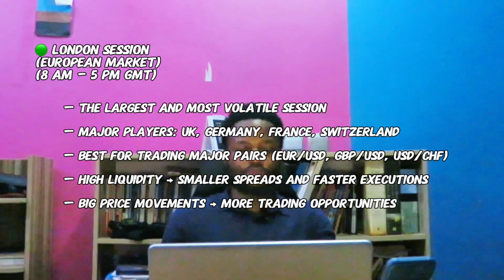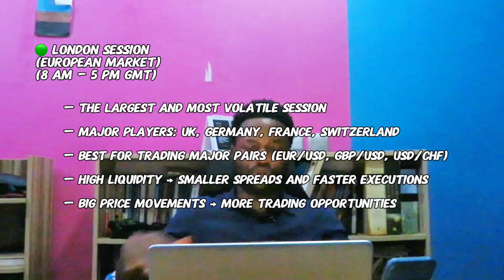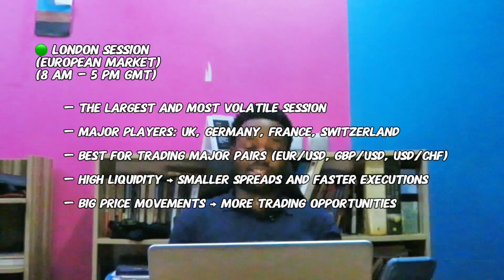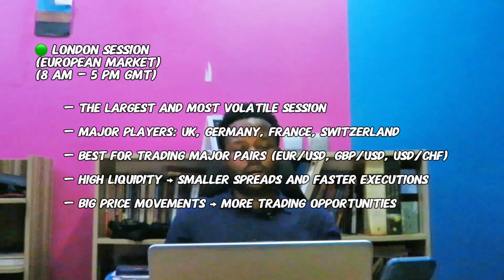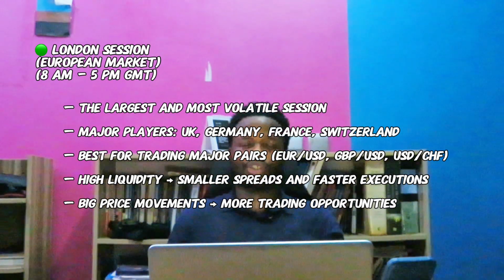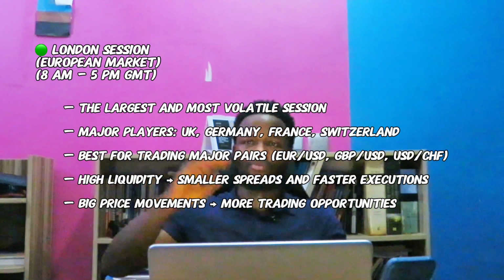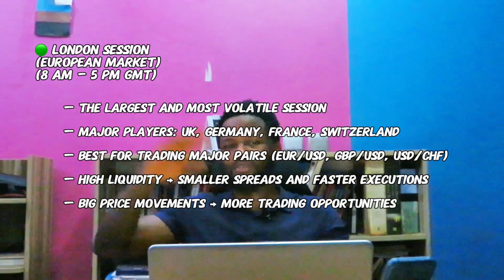That's the Swiss franc. It has high liquidity, that makes the spreads very low and faster executions. Big price movement, more trading opportunities when you are trading the London session because they actually move. Like when it starts moving, it can give you like 50 pips, 100 pips that way.